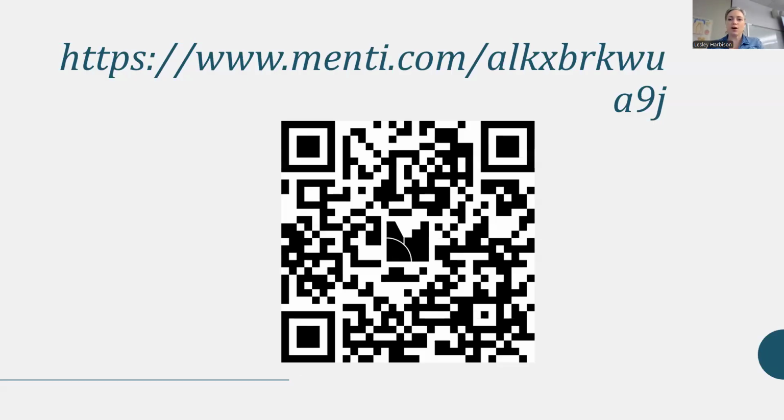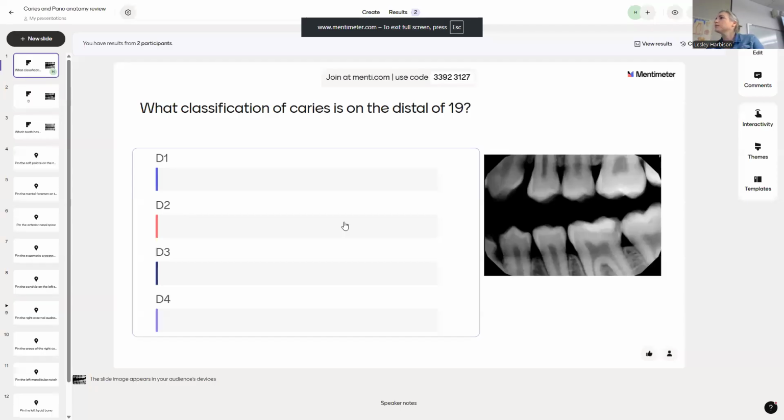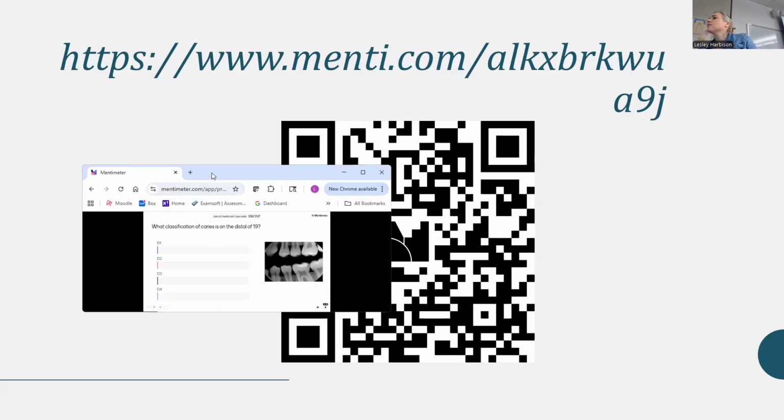Okay, does everyone have the QR code? Can you grab that QR code or do you need the website?